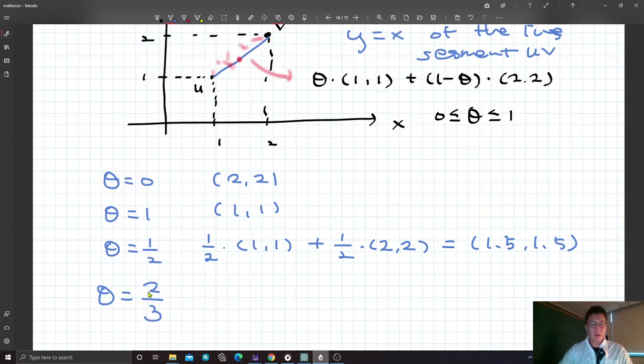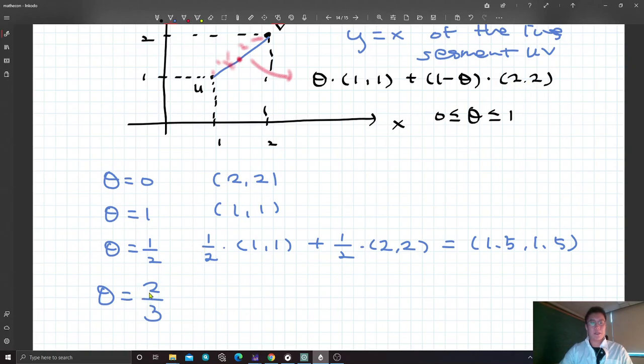So instead of 1/3, we have to put in 2/3, because the parameter theta is the weight on the left-hand point, and 1 minus theta is the weight we put on the right-hand point.